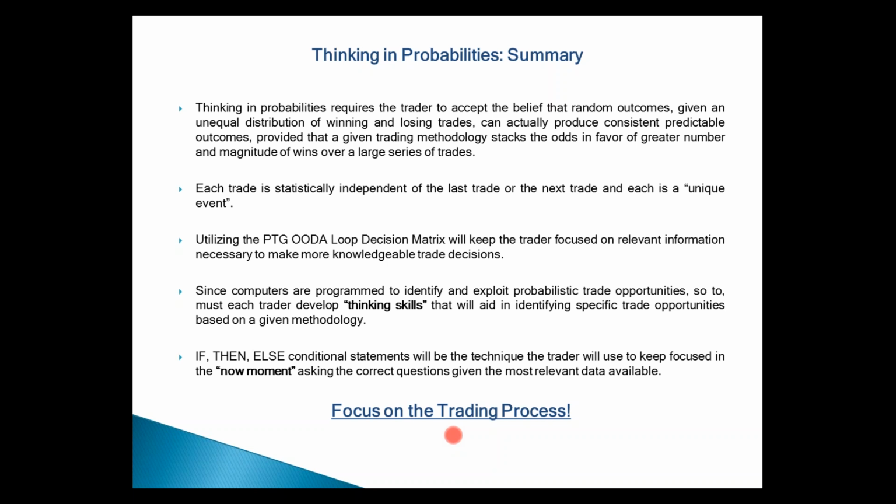So utilizing the PTG OODA loop decision matrix, observation, orientation, decision, action, will keep the trader focused on the relevant information that's necessary to make more informed trade decisions. We want to be informed traders, so we want to make sure we have the best information and take the best setups, stacking all those odds in our favor.